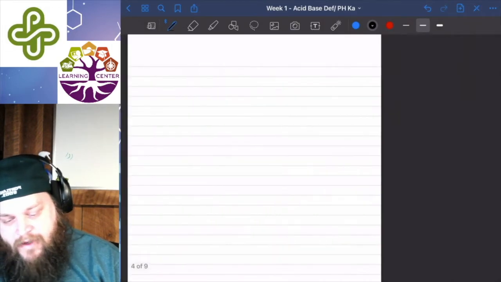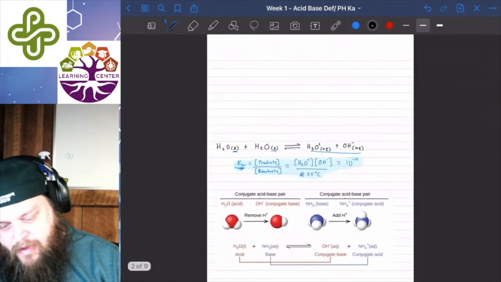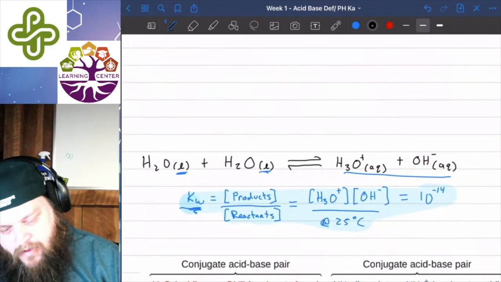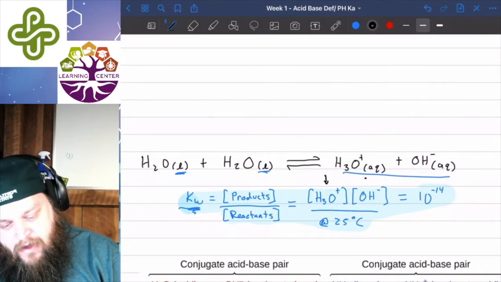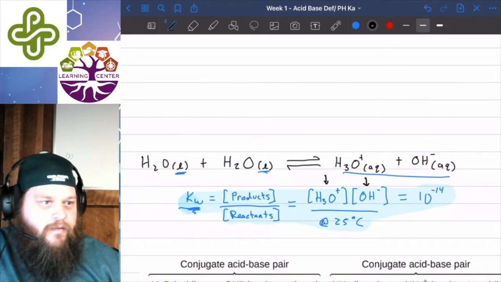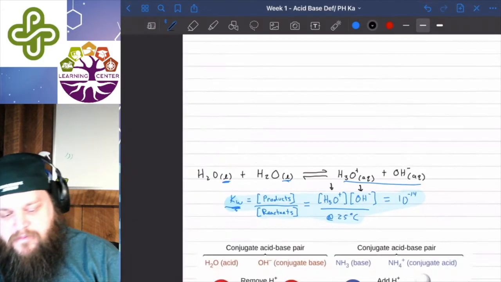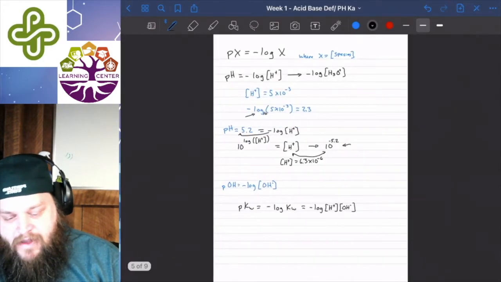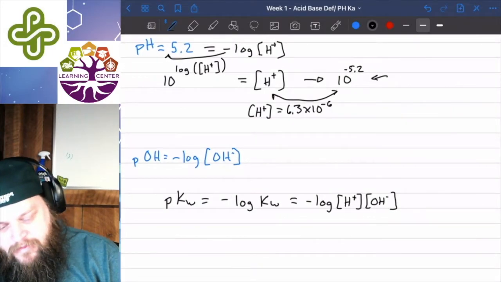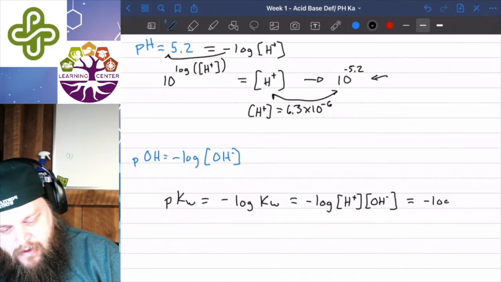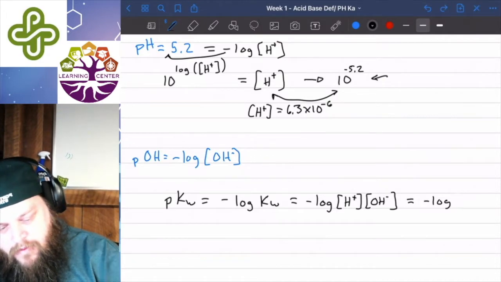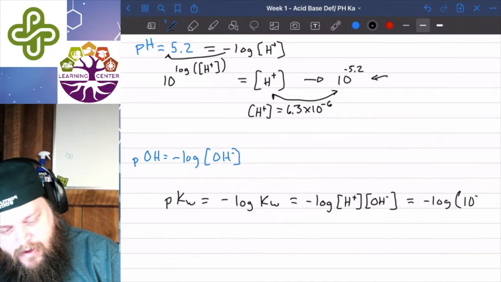So that's what we define Kw as, way back here somewhere. There we are. Concentration of hydronium times the concentration of hydroxide. And we say that that's equal to, at room temperature, negative log of 10 to the negative 14, which is just going to equal 14.